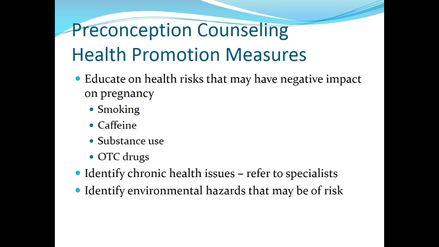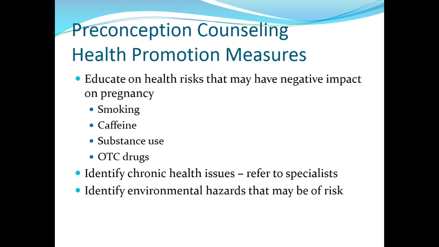Pregnancy really does a number on your hormones, and it can affect all kinds of things related to your different body systems. And we need to refer those people to a specialist who can help adjust their medications and follow them closely through the pregnancy so we achieve a desired outcome.